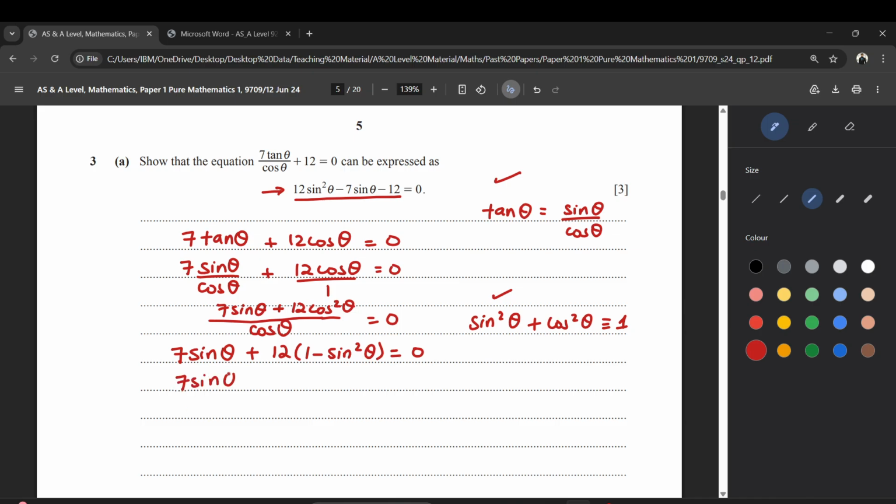So now we expand the bracket and we get 12 minus 12 sine squared theta equals 0. Because the required form has positive 12 sine squared theta, I'm going to shift everything to the right hand side. So therefore this becomes 12 sine squared theta minus 7 sine theta minus 12 equals 0.